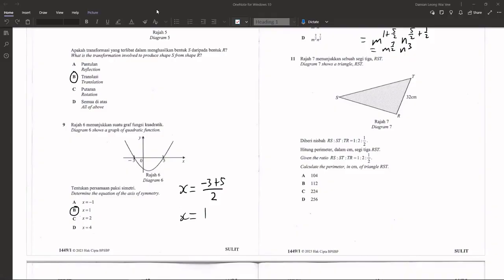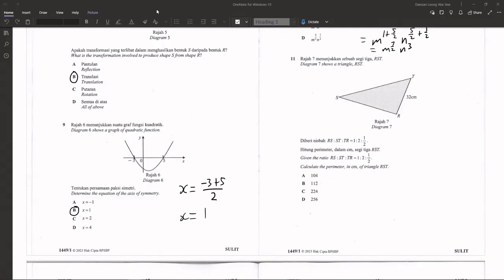Question 11. The diagram shows a triangle RST. The ratio RS to ST to TR is 1 to 2 to 1 over 2.